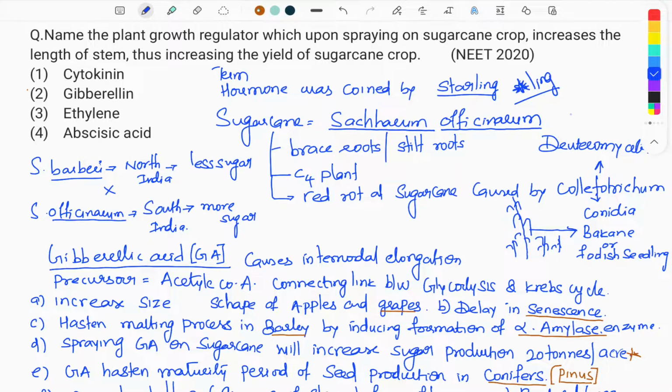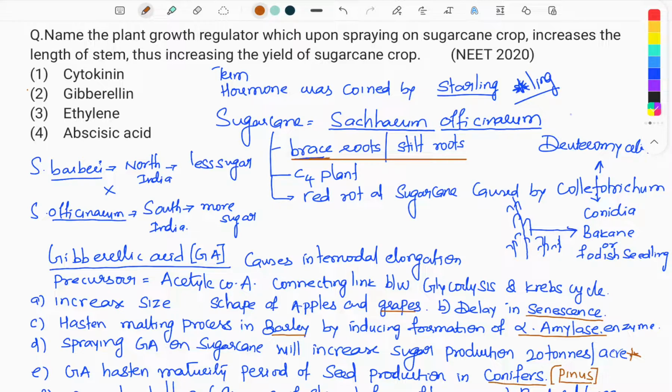These arise from the base of the stem and enter into the soil. They provide mechanical support to the plant because the plant is very long, elongated, slender, delicate.